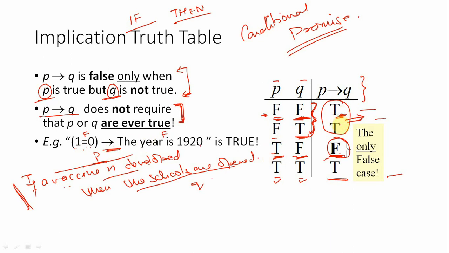Please remember, if the premise is false, then irrespective of the value of the conclusion, the implication will always be true. But if the premise is true, then if the conclusion is true, the implication holds. Premise true and conclusion false, then the implication fails, right?